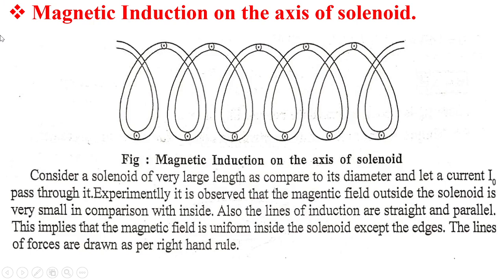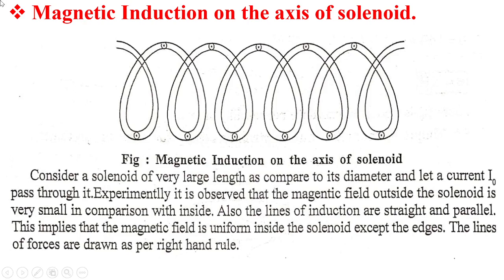The wire is usually coated with an insulating material so that the adjacent turns physically touch each other, but they are electrically neutral. The length of the solenoid is very large compared to its radius.